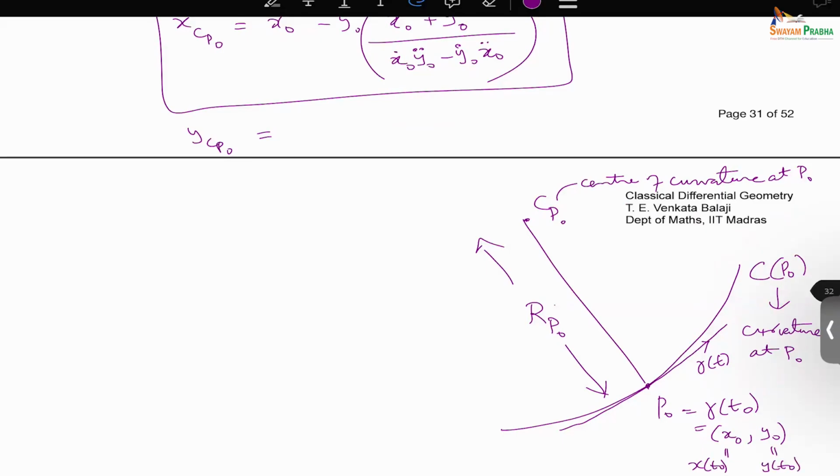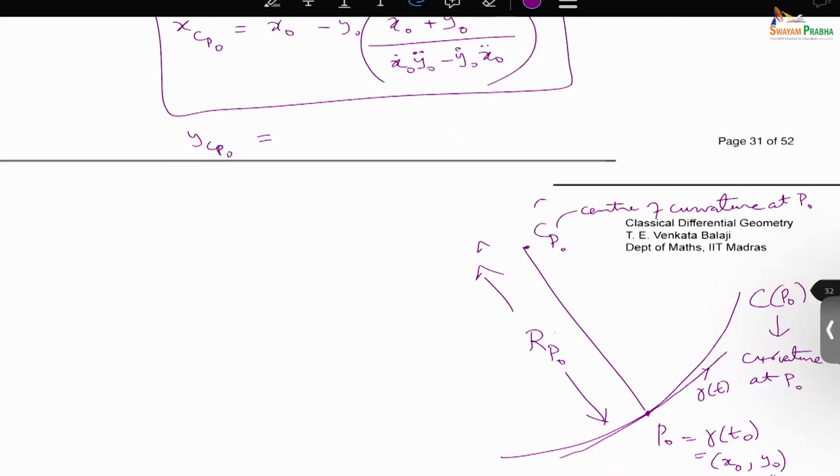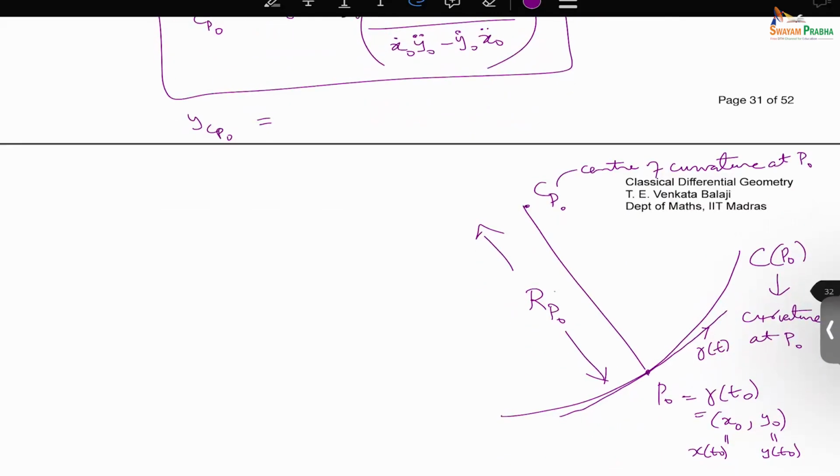If you calculate this, the normal direction is going to be minus x naught dot by y naught dot, and that is the normal direction. Therefore this straight line passes through x naught, y naught, and you know the equation of the straight line which is a normal.